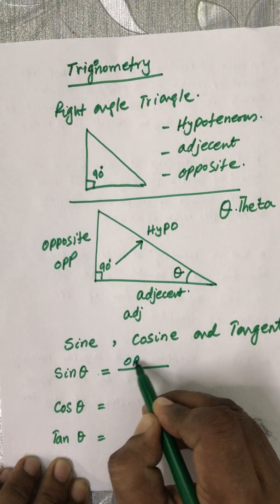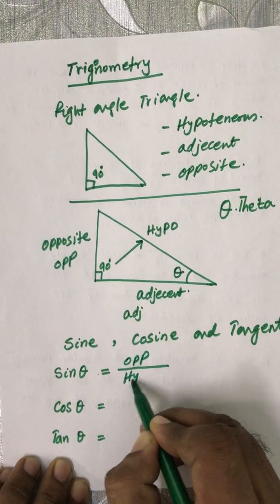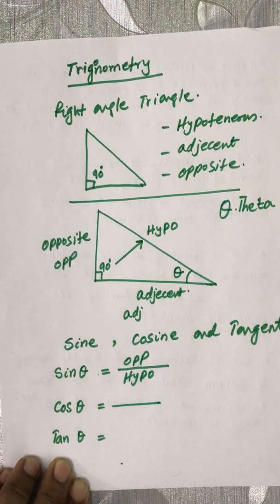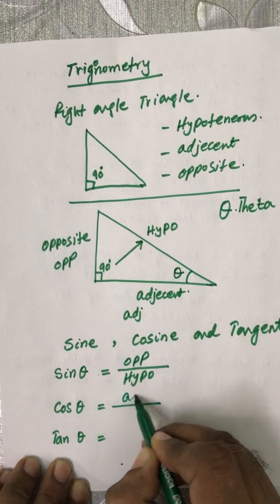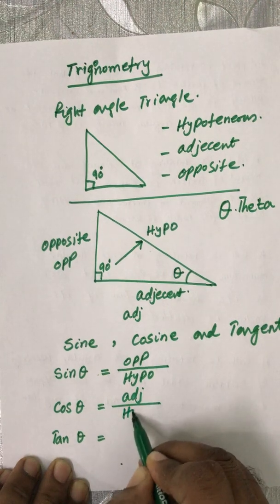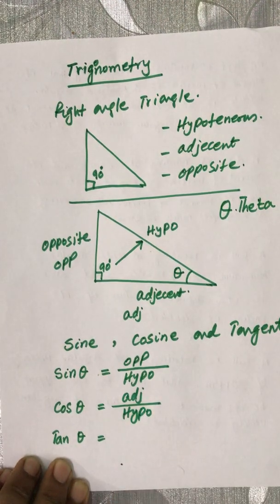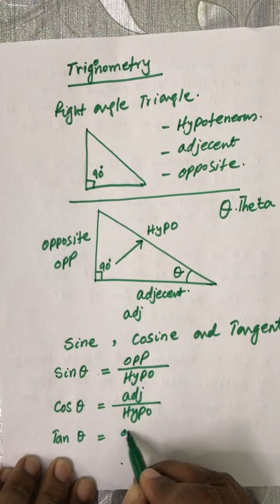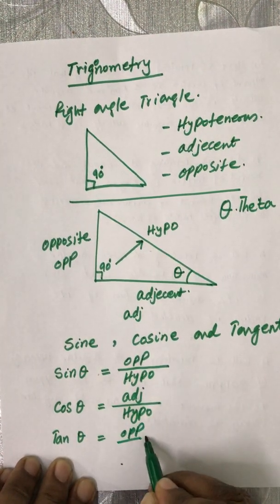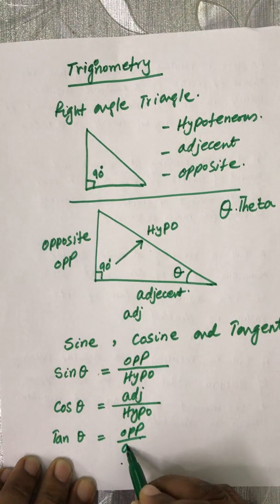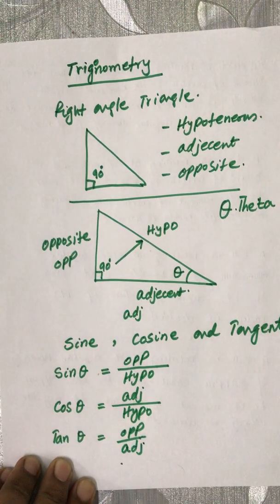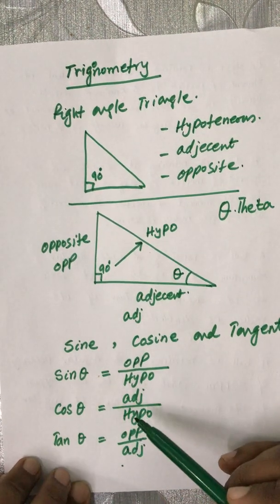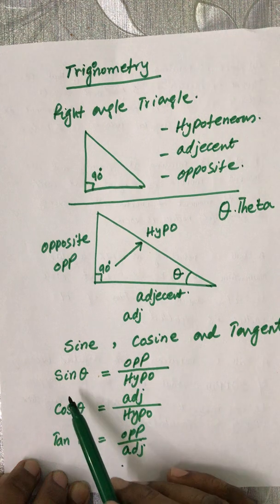Cosine theta is adjacent over hypotenuse, and tan theta is opposite over adjacent. This is important for us to memorize.